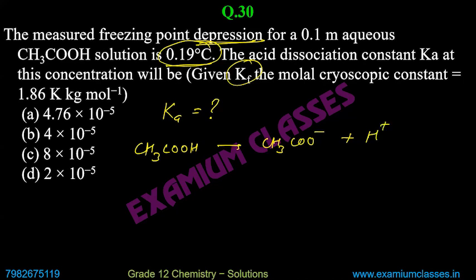Tell me the answer. Molality is given 0.1, delta TF given, Kf given, and as a hint, acetic acid will dissociate as per the given reaction.